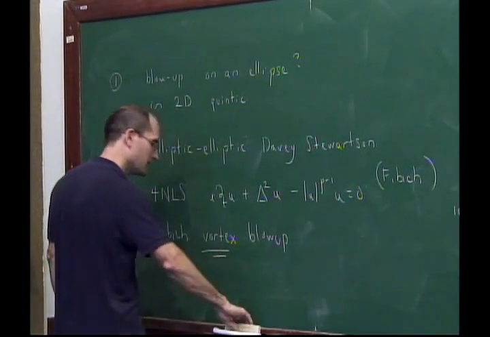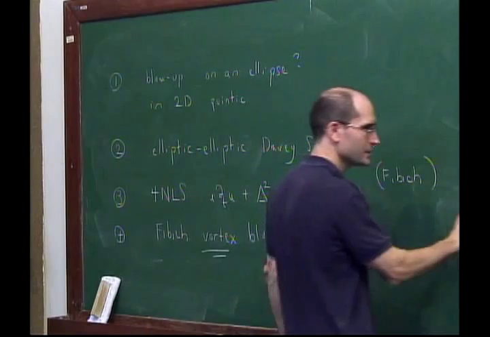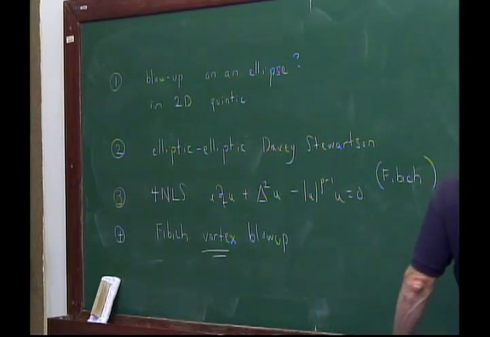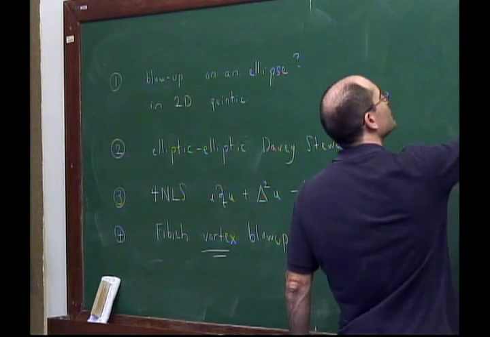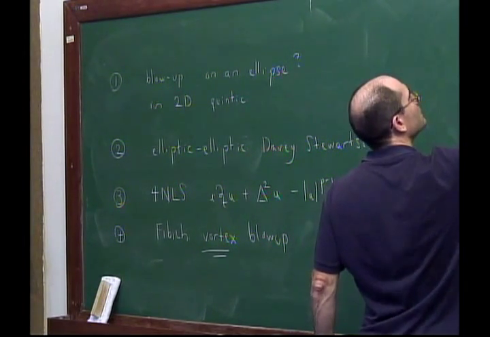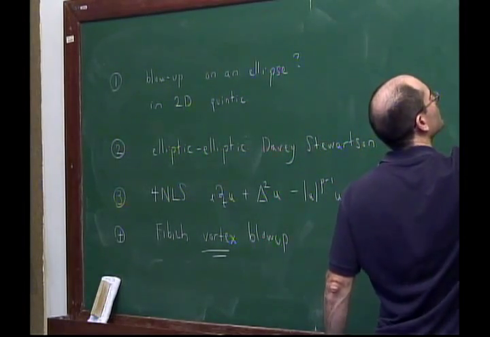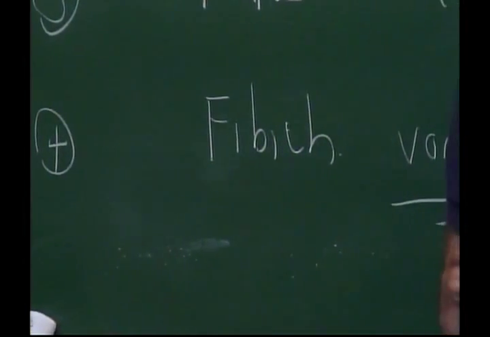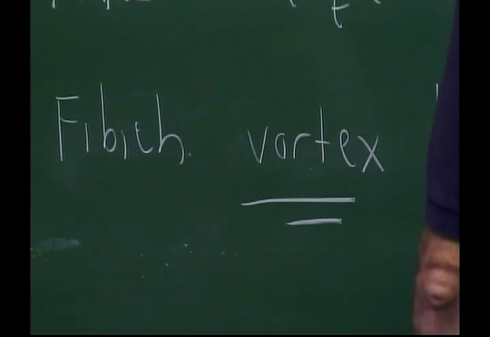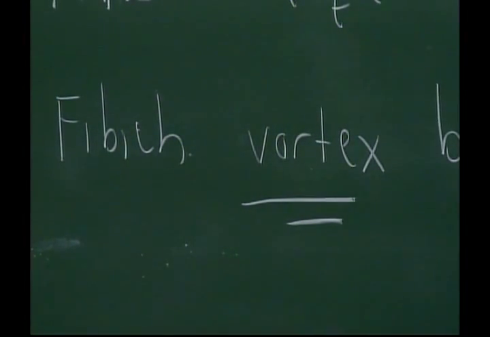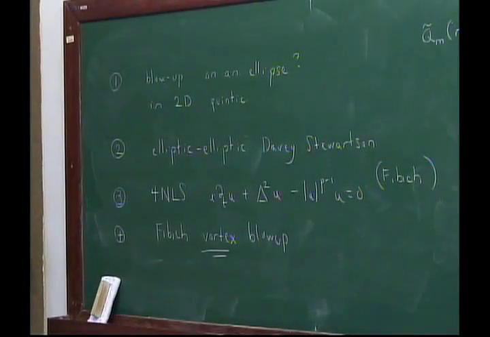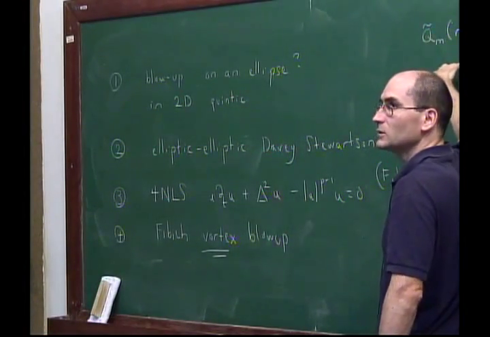Where instead of the radial ground state Q, you look for a ground state of the form e to the i m theta times Q of r. So you look for a Q tilde m of r, theta, where you've now included an angular phase, and require that this solve the ground state equation.